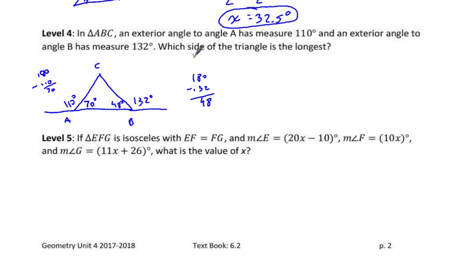And they want to know which side of the triangle is longest. That was a bad box. Which side is longest? Well, I need to find angle C in order to answer that question.